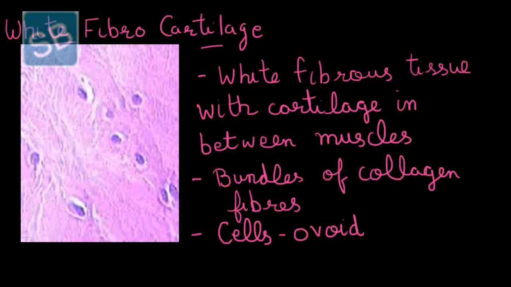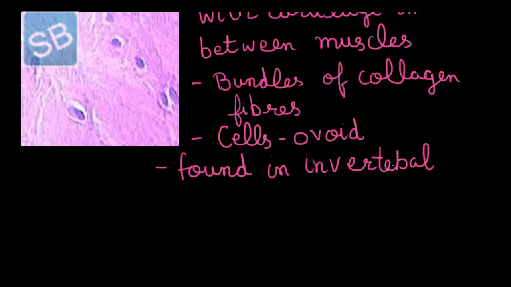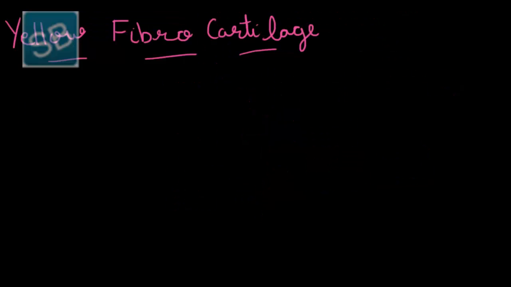This type of tissue is generally found in the intervertebral disc of the mammals, which provides a skeletal frame joining the cells and thereby connecting the structures.